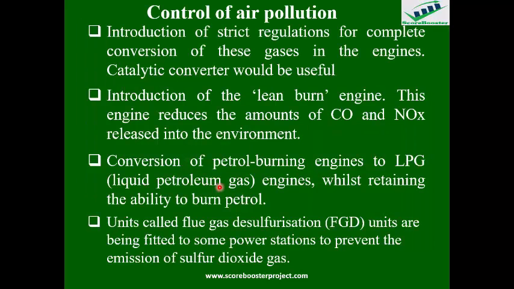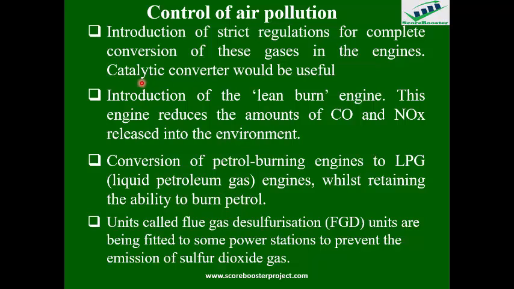So how do we control it? We have highlighted the effect, where they are coming from, then how do we control it? Strict regulations need to be passed by the government to the car producers, such that the catalytic converter is embedded in the engine. We know that in the internal combustion engine, majority of the time there might not be complete combustion of fuel.